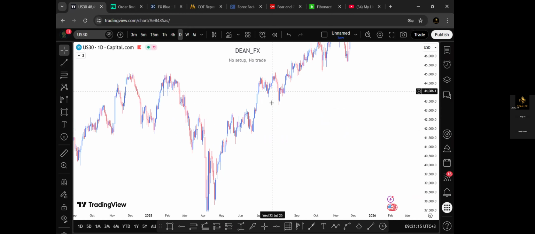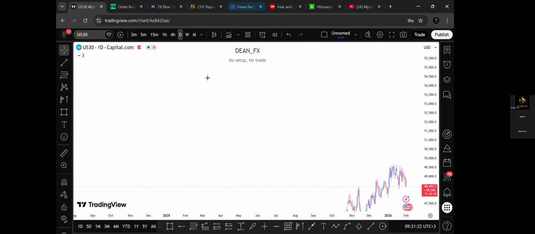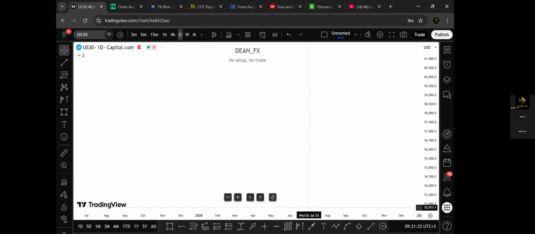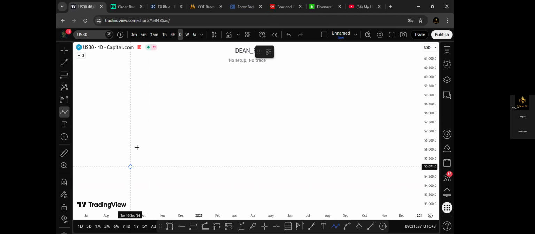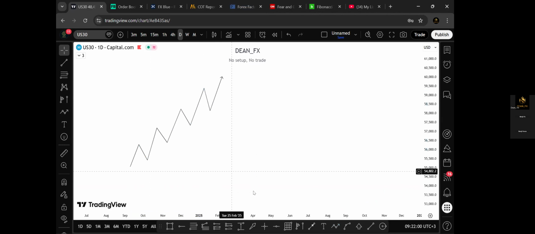So I'll start with the structure. For example, let's say we are in a bullish market, as the structure that I used earlier, creating higher highs and higher lows.